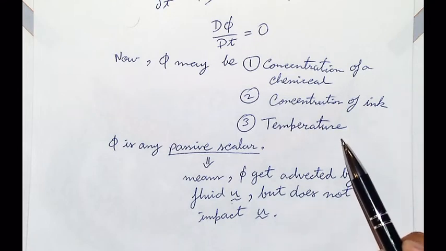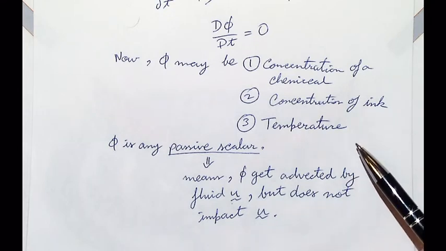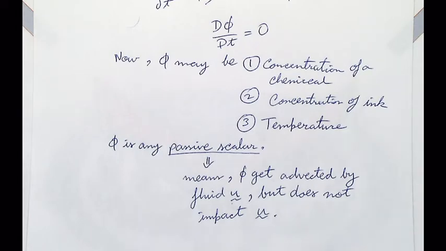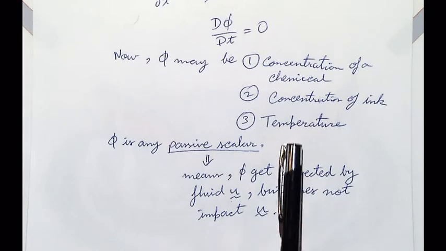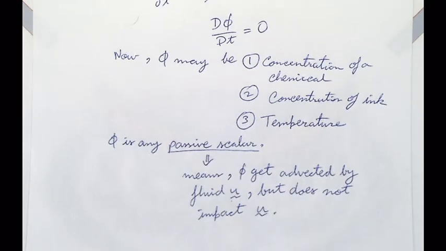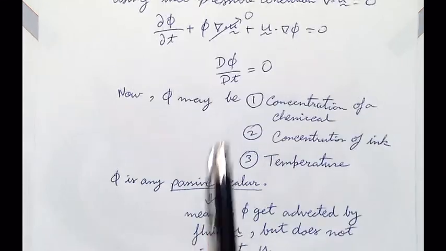But that sort of effect needs buoyancy, so you need the acceleration of gravity included in your momentum equation. Usually we don't do that because it is very small compared to all the other terms. So if the temperature change is not huge, say 40 or 50 degrees centigrade, you can assume that temperature is a passive scalar. So that's the pure advection equation.